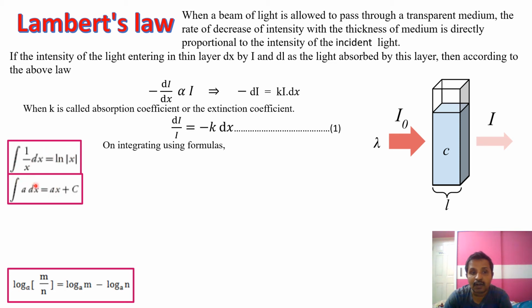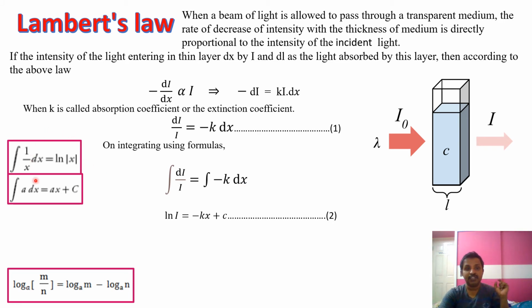Using these two formulas for integrating equation number 1, we get the result as ln I is equal to -kx plus c, where c is a constant.